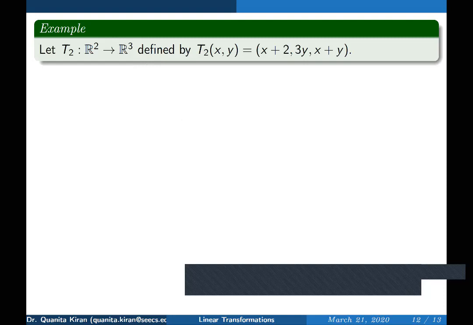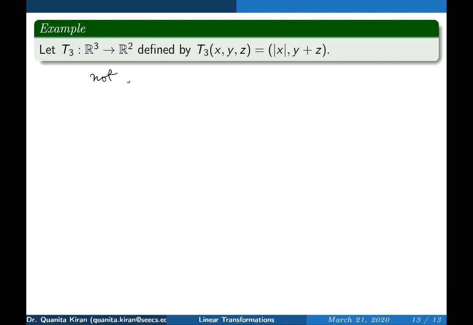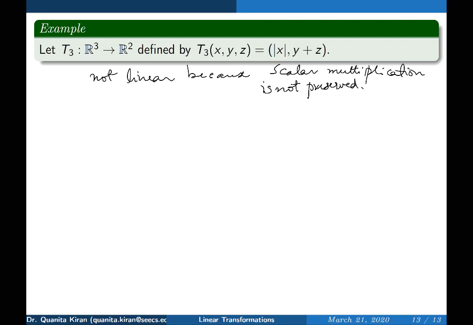Similarly, in the third example, we can show that this mapping is not linear because scalar multiplication is not preserved. For example, let k be -2 and v be the vector (1, 2, 3) belonging to R3.